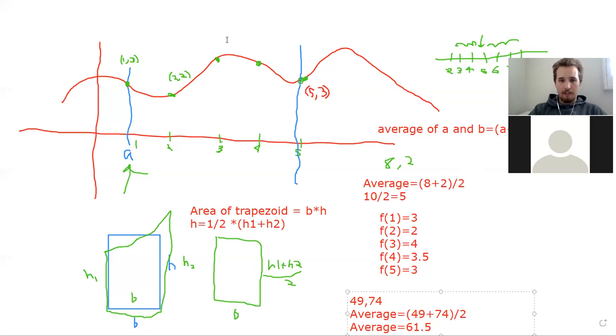So going back to this trapezoid, we wanted to find the average between height 1 and height 2, and we convert it into a rectangle of height 1 plus height 2 over 2 is equal to our new height. Okay, so I'm going to erase this.